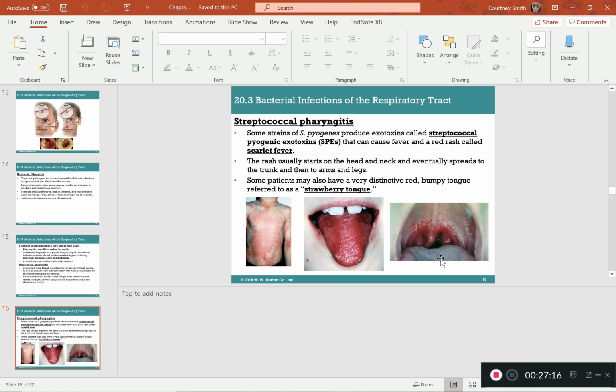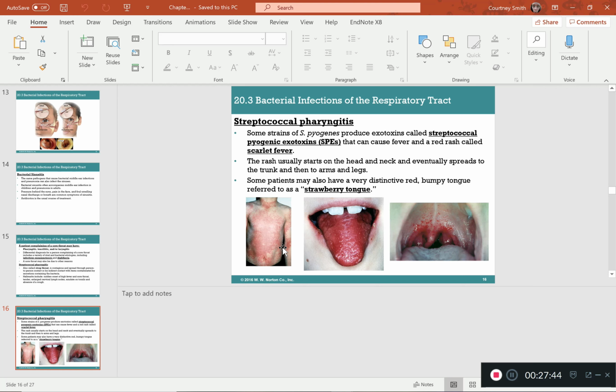But some additional presentations of strep pharyngitis, if a toxin is produced, primarily S. pyogenes strains, they produce this exotoxin. With that exotoxin, it will cause a high fever along with a red rash known as scarlet fever. So that is this guy, the rash on the trunk of the body, and then sometimes even spreading down the arms.